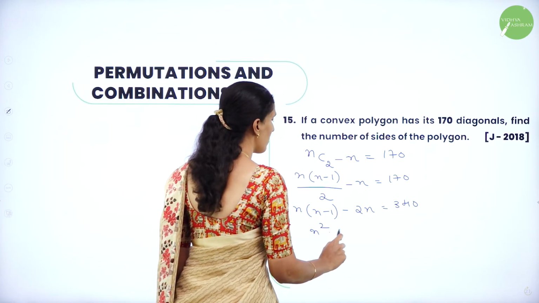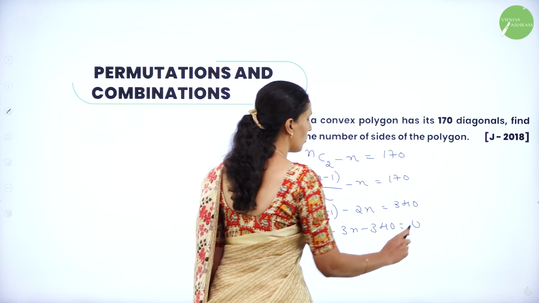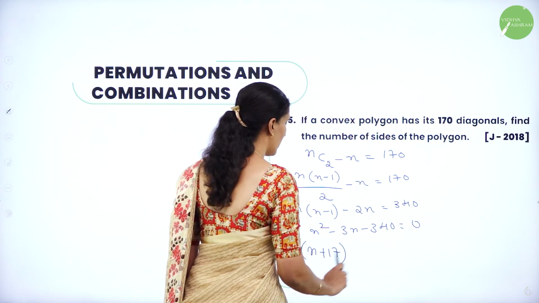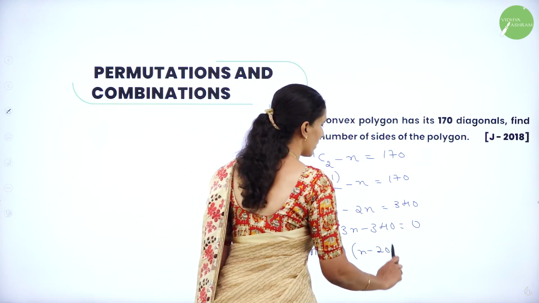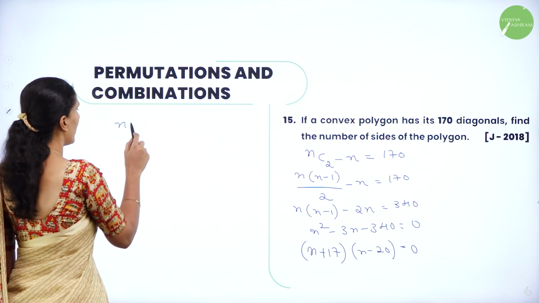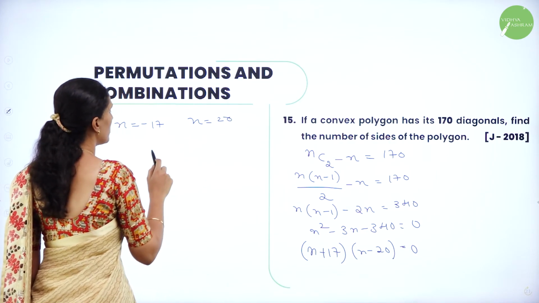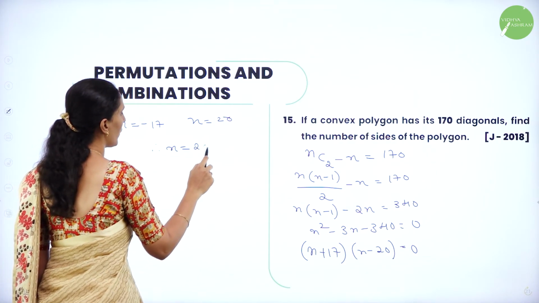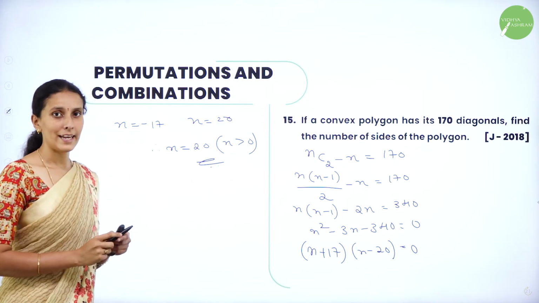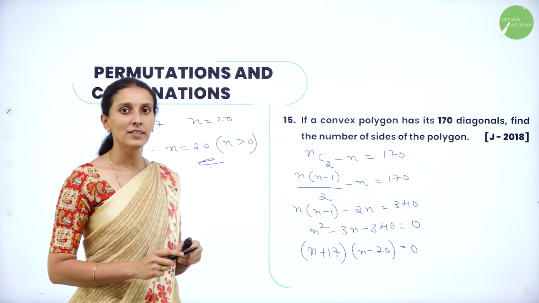So N square minus 3N minus 340 is equal to 0. So on solving this, we will get N plus 17 into N minus 20 is equal to 0. So from this, we get N is equal to minus 17, N is equal to 20. So therefore, N is equal to 20 since N must be greater than 0. It cannot be negative. So therefore, for a convex polygon, the number of sides is 20.